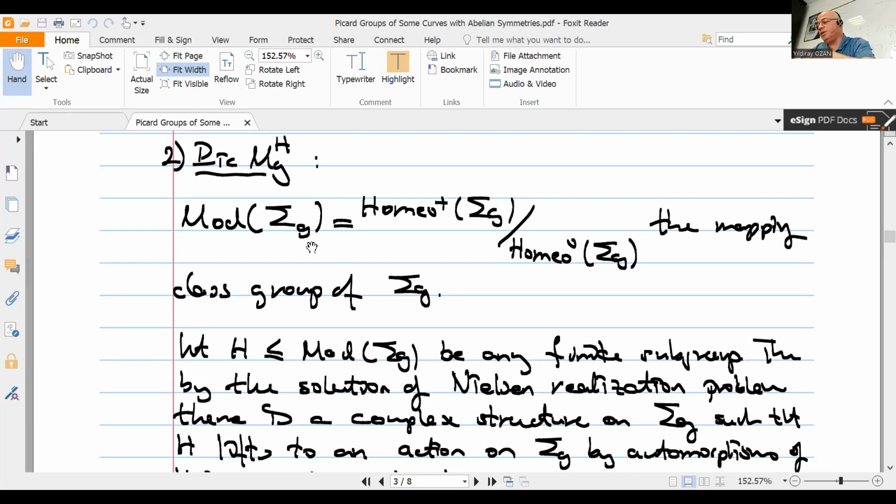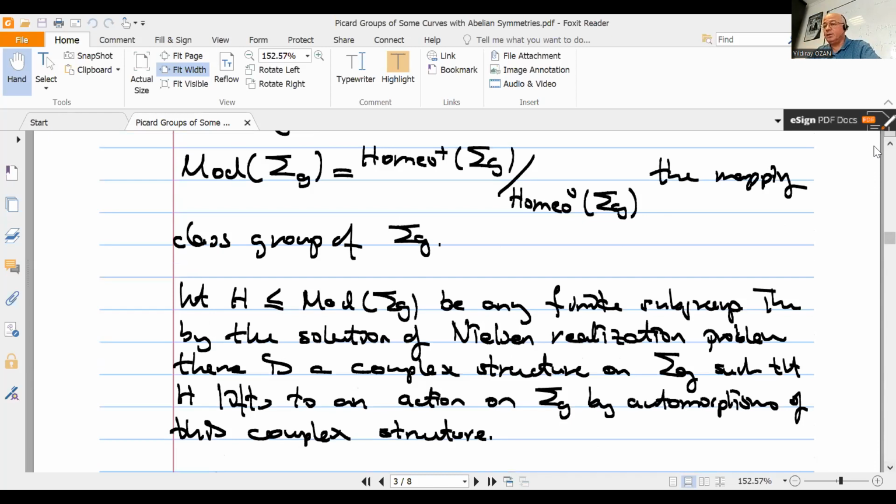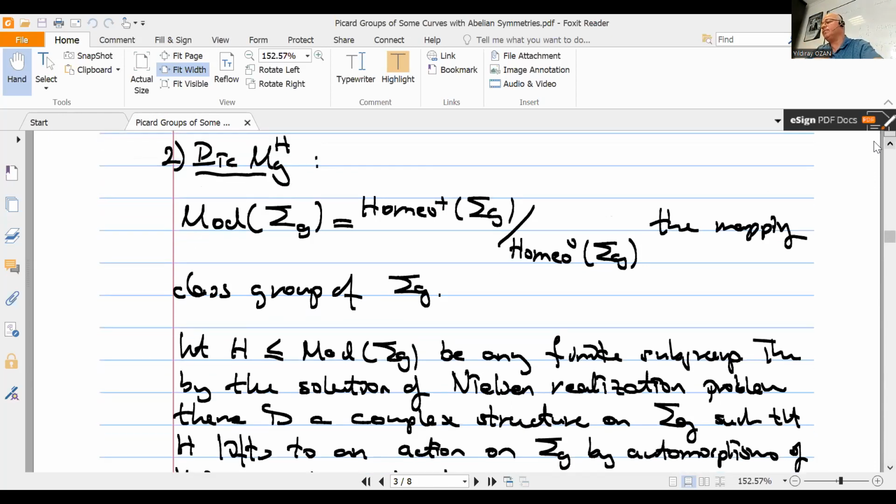So in this group, you consider two homeomorphisms to be the same if one is isotopic to the other one. This is known as the mapping class group of the surface sigma g.